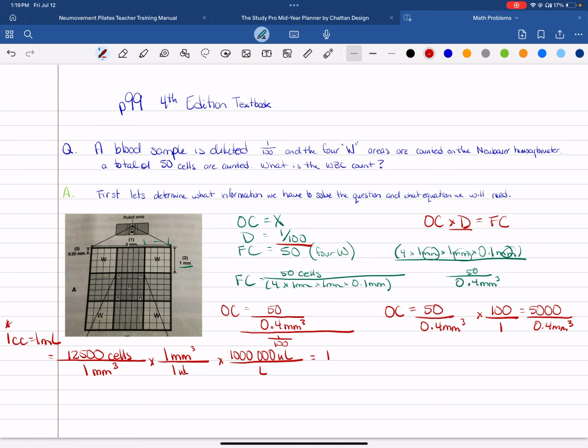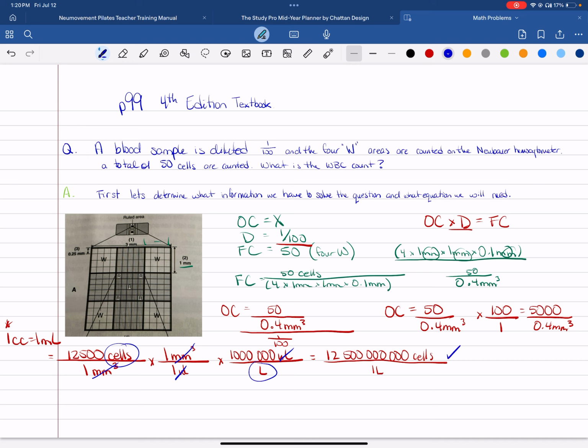So then that becomes just like we've got right here, which is a very large number per 1 liter. Let's make sure we set up our equation correctly and get rid of all the matching things in the numerator and denominator. We can see that we set everything up correctly, cells per liter. So we've done this equation correctly.